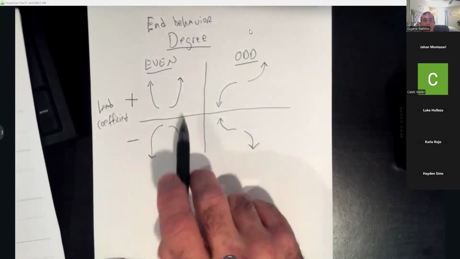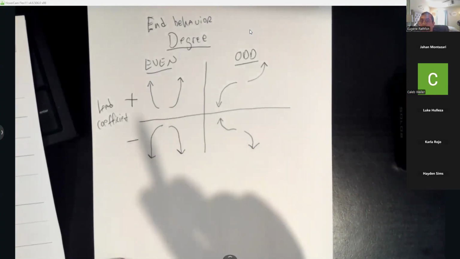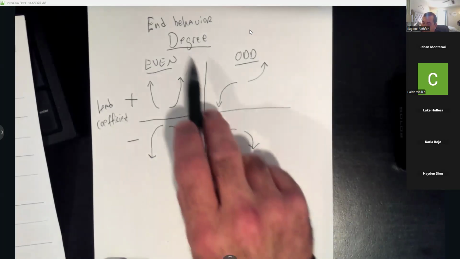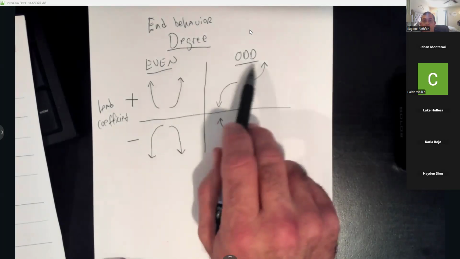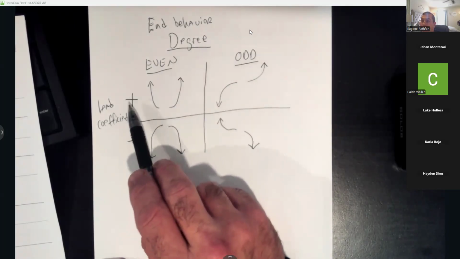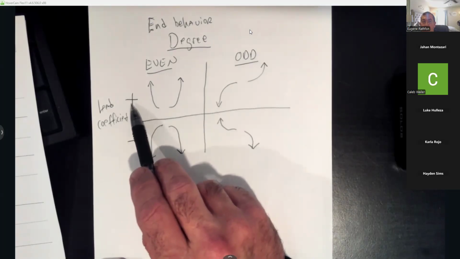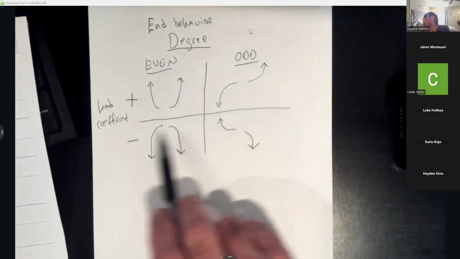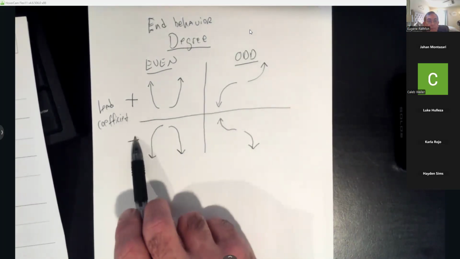So y'all, I'm going to bring up a chart that y'all can use on your formula sheet that might help you on this test, because I'm going to have 3 different questions where I use this chart. You look at the degree, whether it's even or odd, and then you look at the lead coefficient, which is the number in front of the variable with the highest exponent. Now, the lead coefficient can be positive or negative.